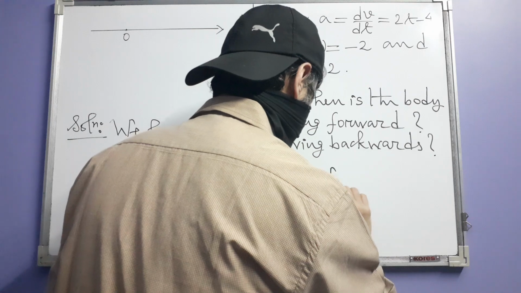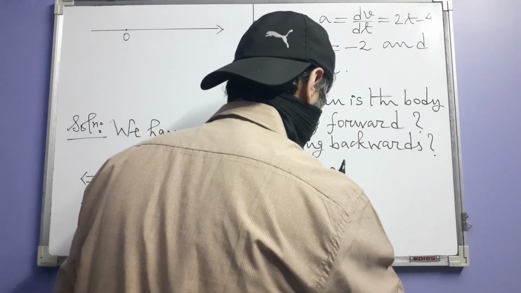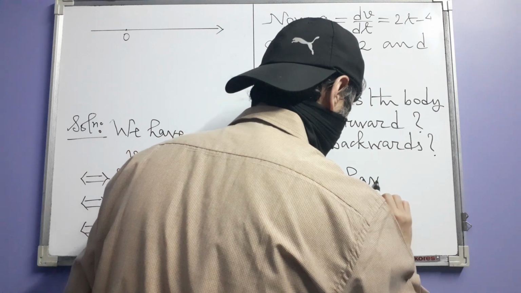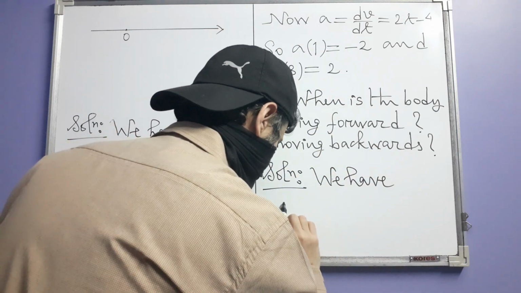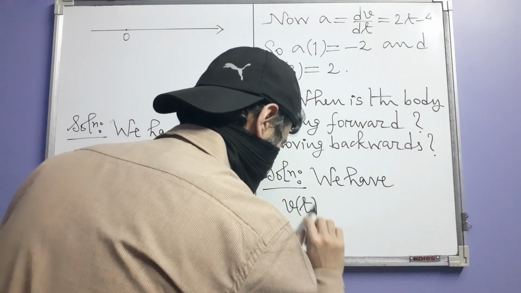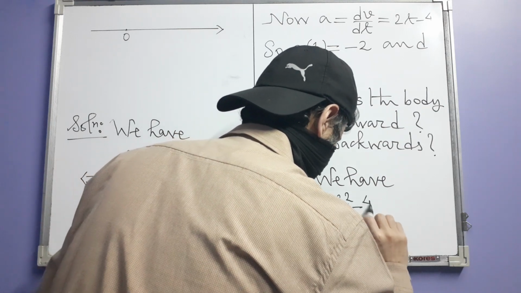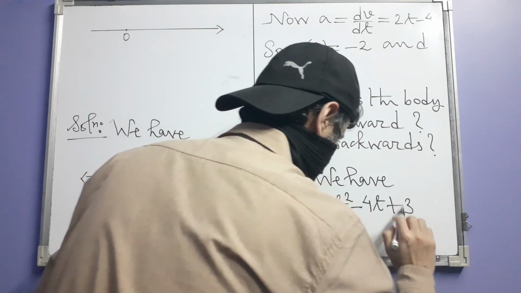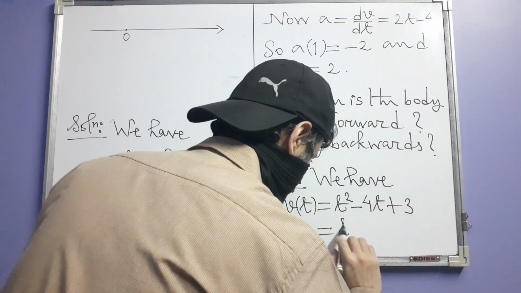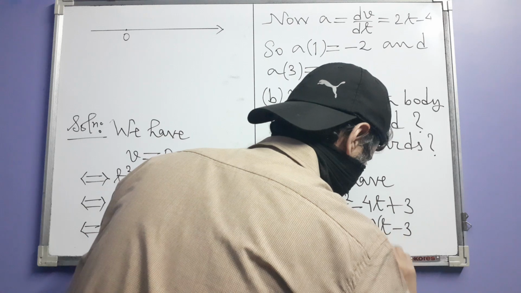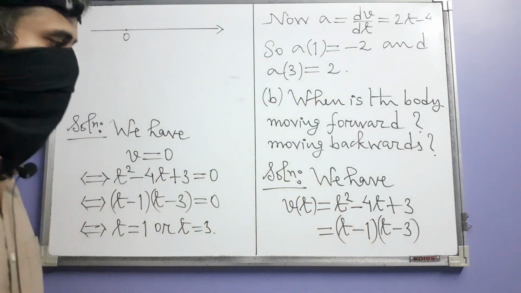We have V of t equals t square minus 4t plus 3, and this is just t minus 1 times t minus 3.